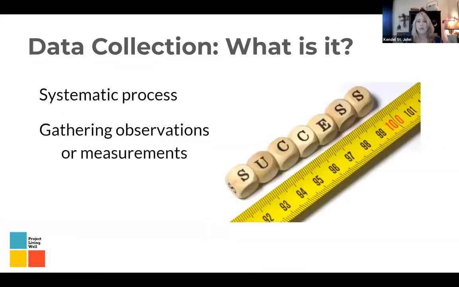Let's get started first with what is data collection? What does that mean? I think sometimes it's really intimidating when we think about data collection. It seems like it's going to be a lot of crunching numbers and math, but really it's a systematic process of just gathering observations and measurements. It's something that we do probably most days, either personally or professionally.